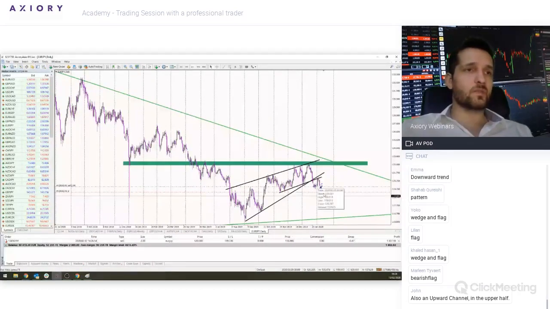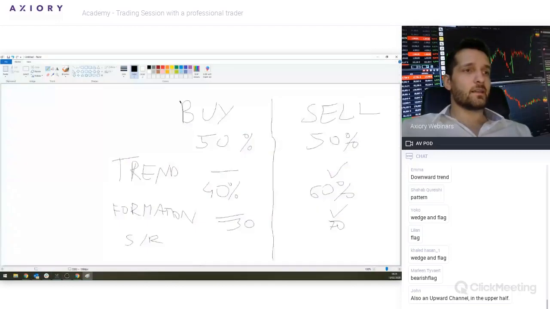How many supports do we have? Not many. I wouldn't say that we have any good support here. There was no good support, which again, minus for buyers, bonus for sellers because there were plenty of resistances. That's 80 to 20% for the sellers.